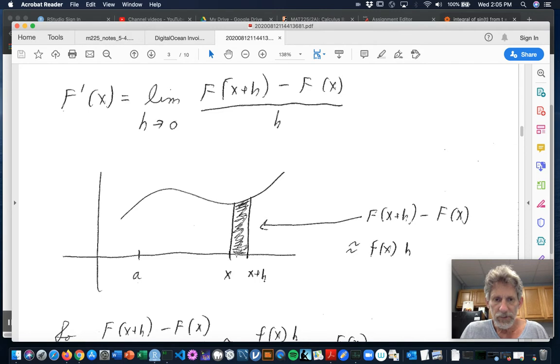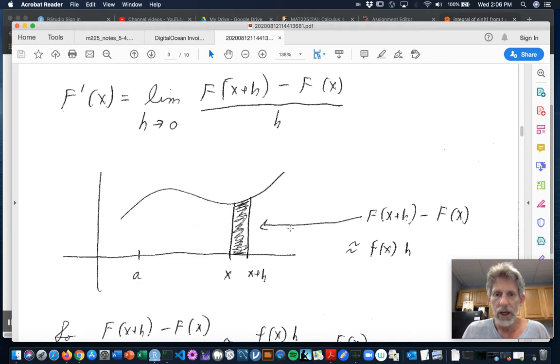But since this base is really, really narrow because the h is small, the height over the base from x to x plus h does not have much chance to vary from where it started at x. At x, the height is f of x. And since there's not much chance to vary, the height is basically f of x all the way through.